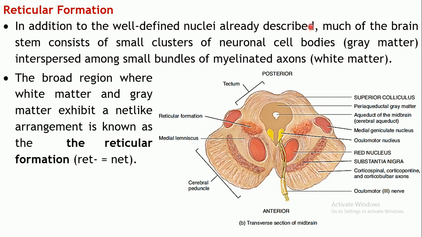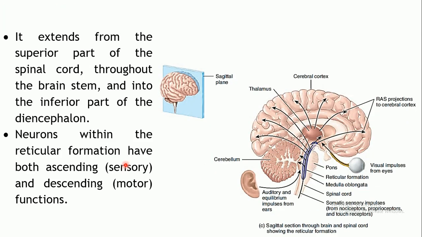It is present in a network-like structure where the white matter and the grey matter are mixed together. It forms a network-like arrangement, and that is called the reticular formation. Ret means net. Due to its appearance, it is called reticular formation.